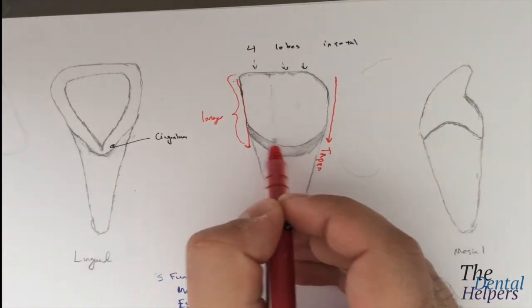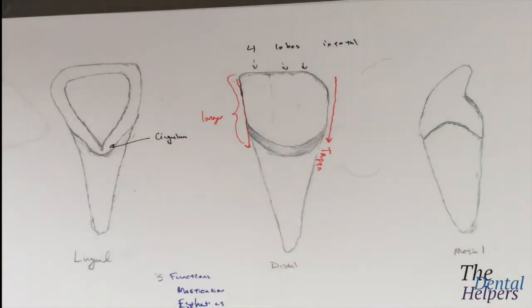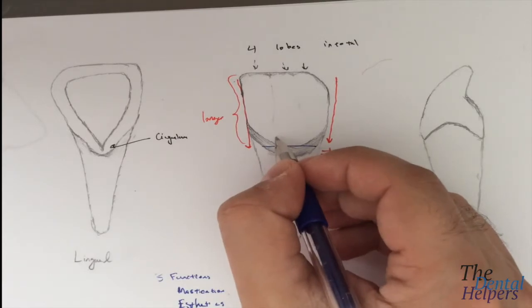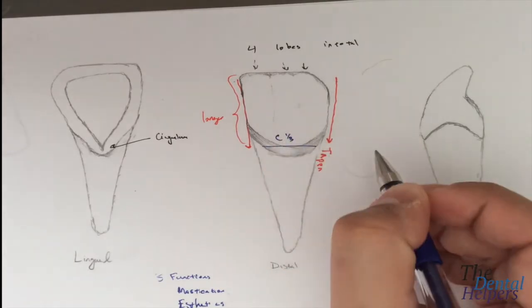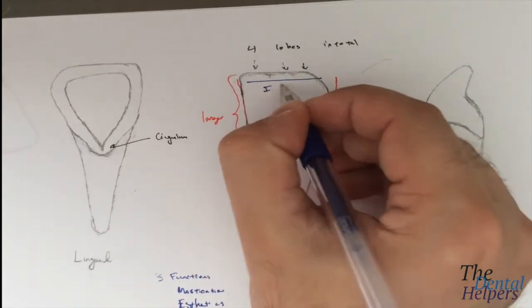The narrowest point of the crown is going to be the cervical third. I'm exaggerating where it is. The cervical third is going to be the narrowest, while the widest is going to be the incisal third.